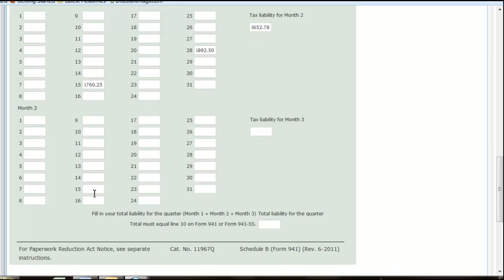Okay, then for month 3 on the 15th, 6,703.36, and the last day of the month is the 29th, the last working day, 6,738.30. We add those together, total tax liability of 13,441.66.